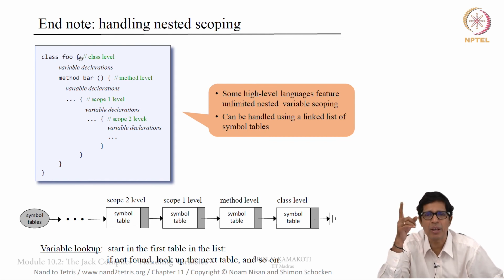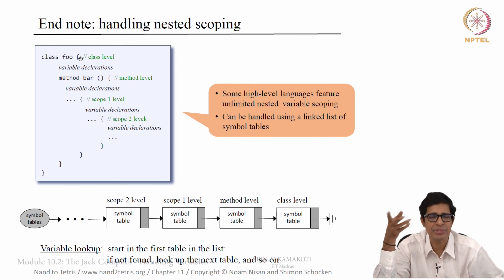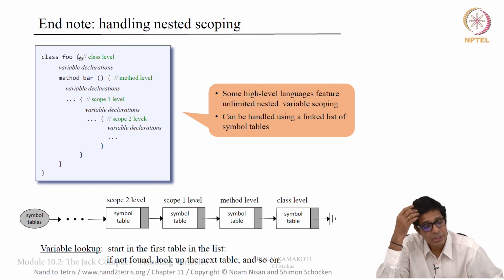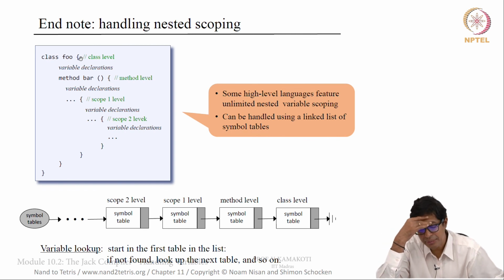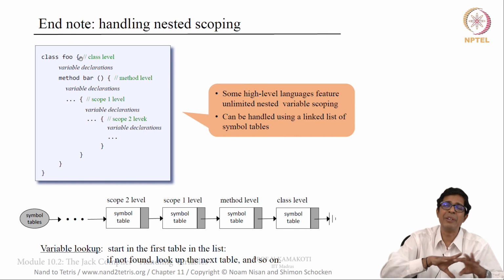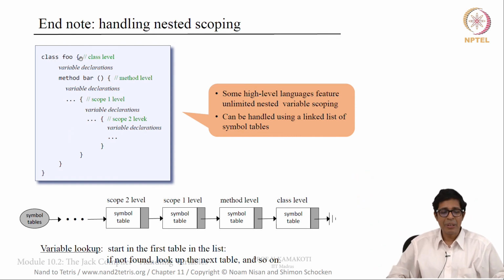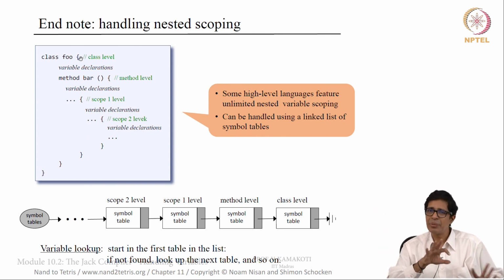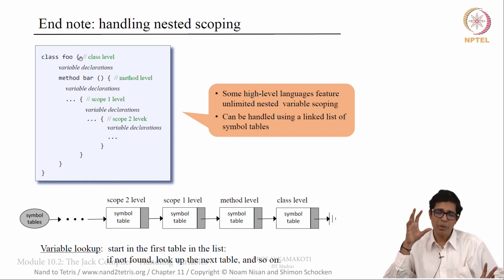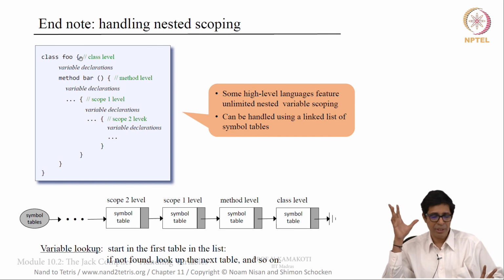So for example, if I say for int i equal to 0, i less than something, only within that for loop is the i declaration valid. Outside it, it will not be valid. So the moment I have this type of nested scoping, I will have multiple levels of symbol table, and then we have to use that. In general, in a complex programming language, we will land up with these types of multi-level symbol tables. But in Jack we are not doing it. We are restricting to one symbol table for the class and one current symbol table for the current subroutine that is being executed, right.